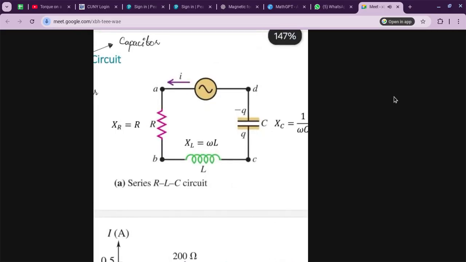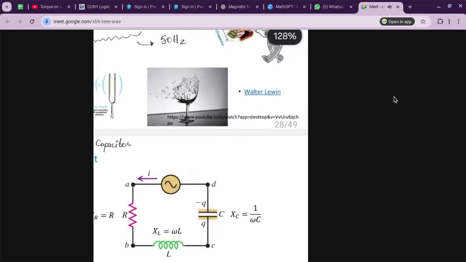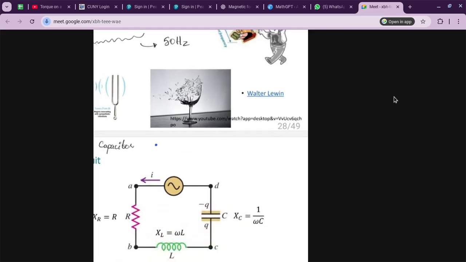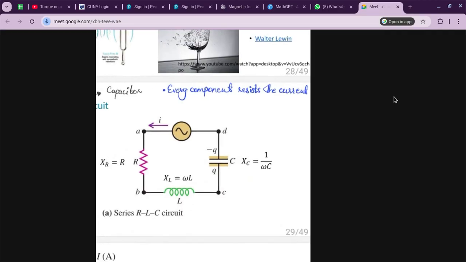Now, every component resists the current flow.